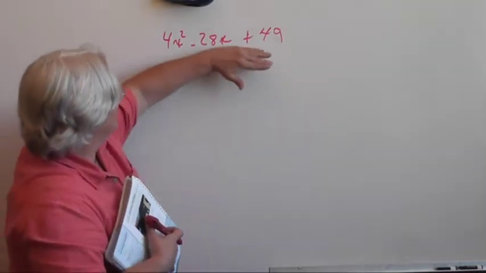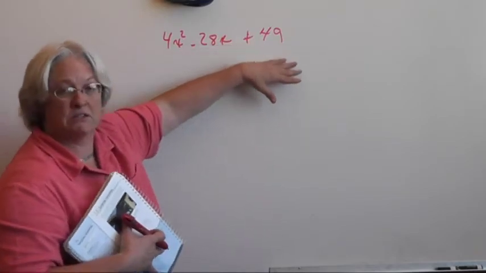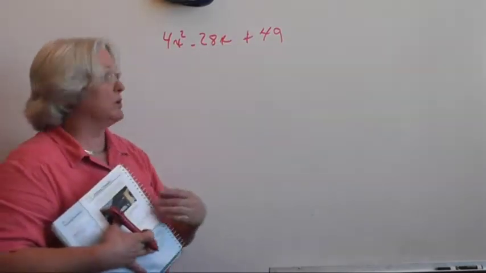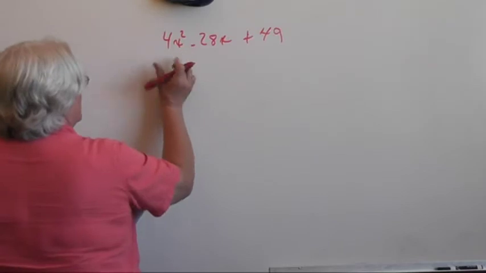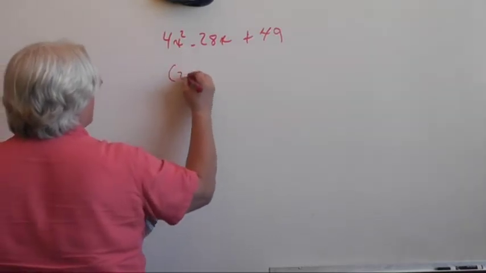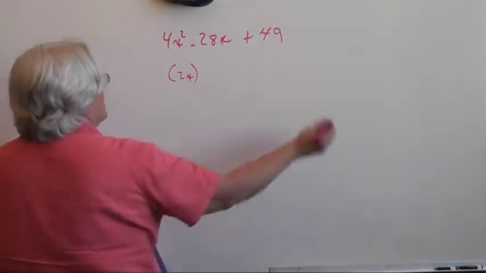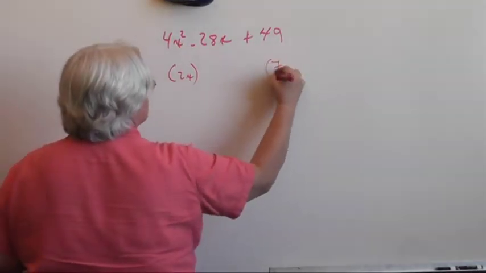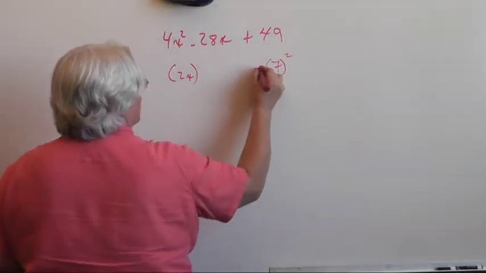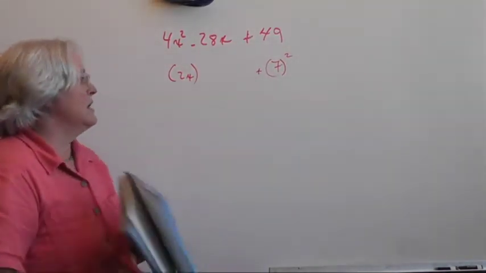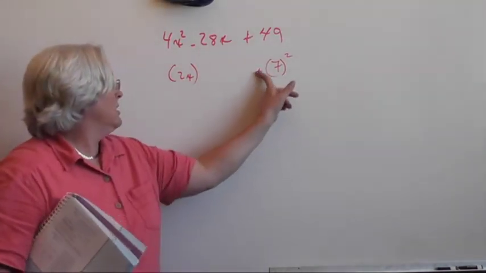So the first thing that I want to do when I'm looking at this is say, is this a perfect square trinomial? How do I know? Well, the first term has to be a perfect square, which it is. The last term has to be a perfect square, and that's true.